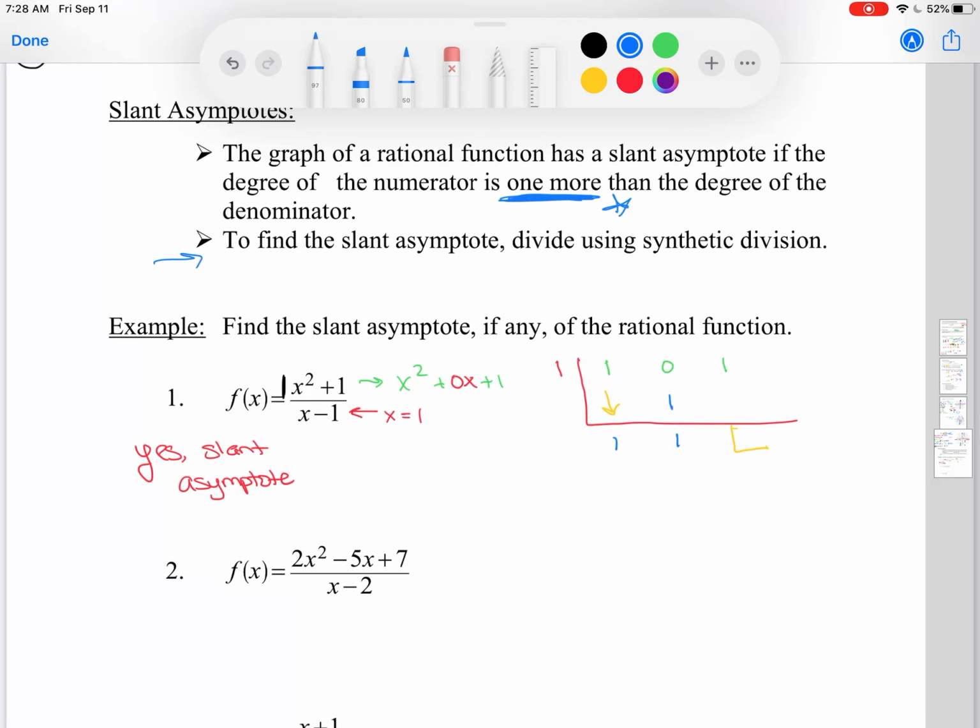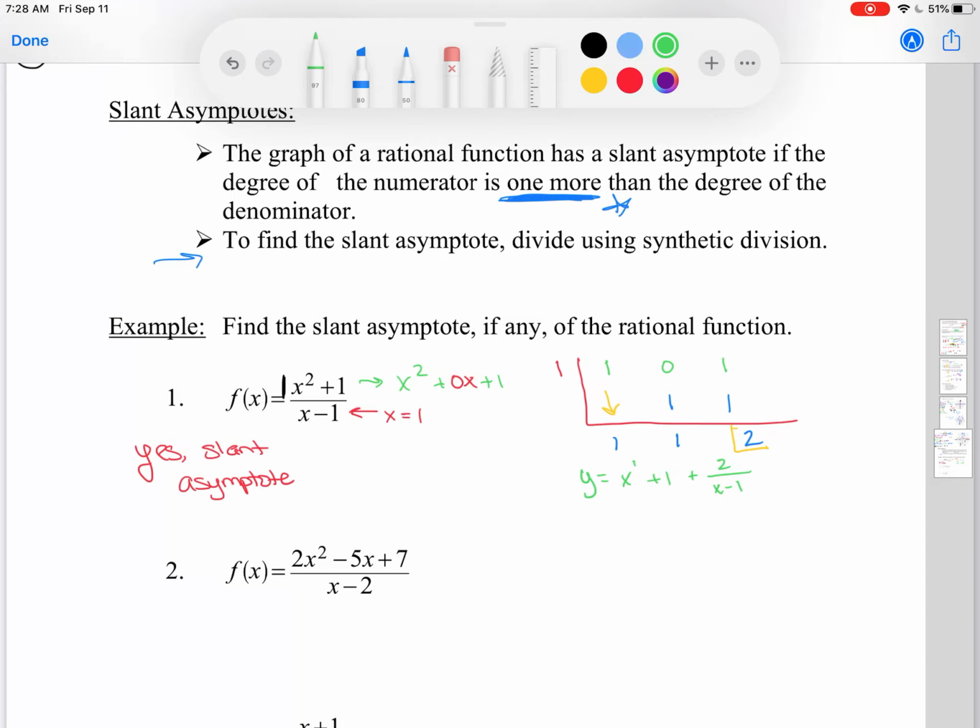Bring down my 1. 1 times 1 is 1. 0 plus 1 is 1. 1 times 1 is 1. And I have a 2 at the end. Okay. So my slant asymptote, if I were to rewrite this before I actually get to my slant asymptote, this function would be y equals, drop my exponent by 1, so I have an x to the first, plus 1, and then plus that remaining value, 2, divided by x minus 1.